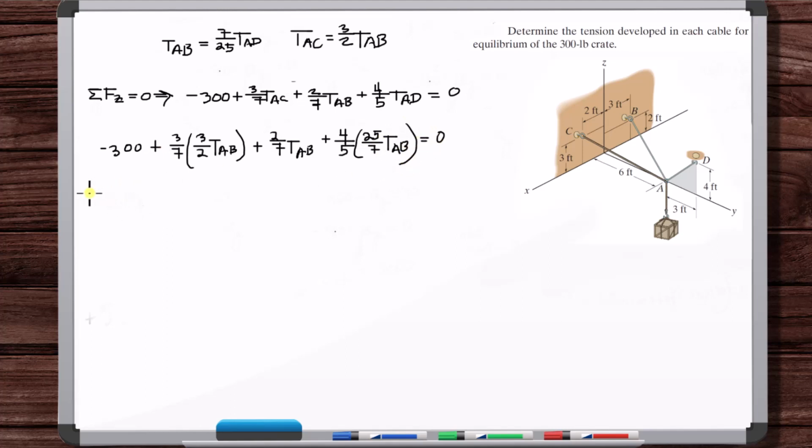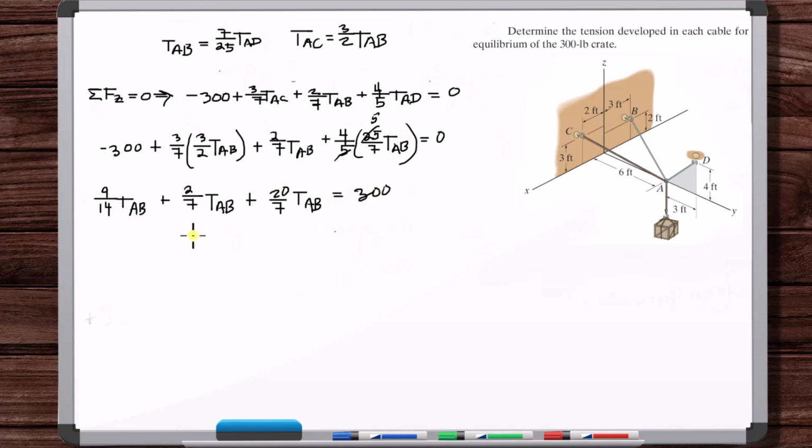Okay, I'll bring that 300 over. So this is equal to 300.